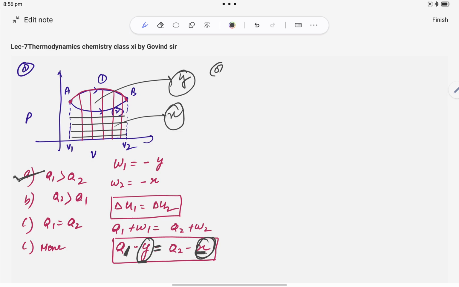Question number 8 is completed. Question 9. Here again, PV curve.